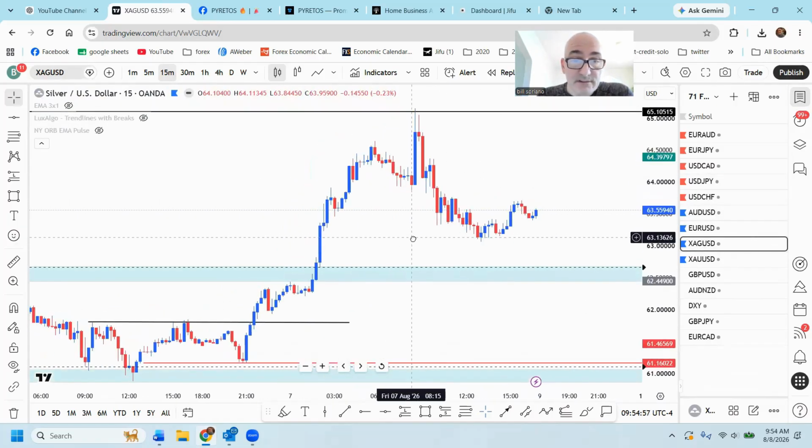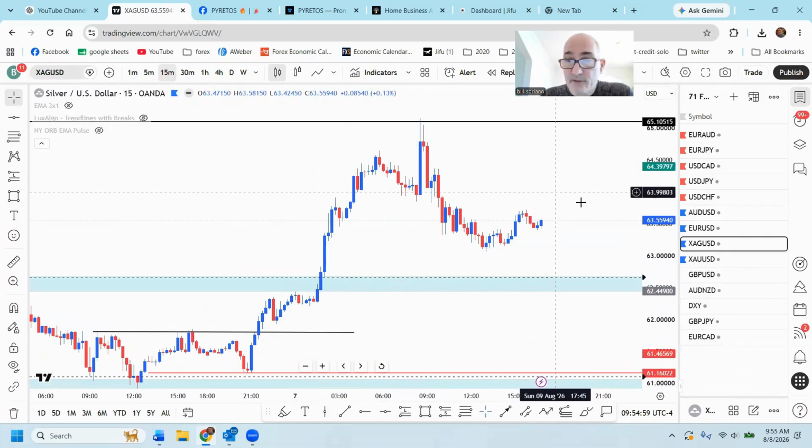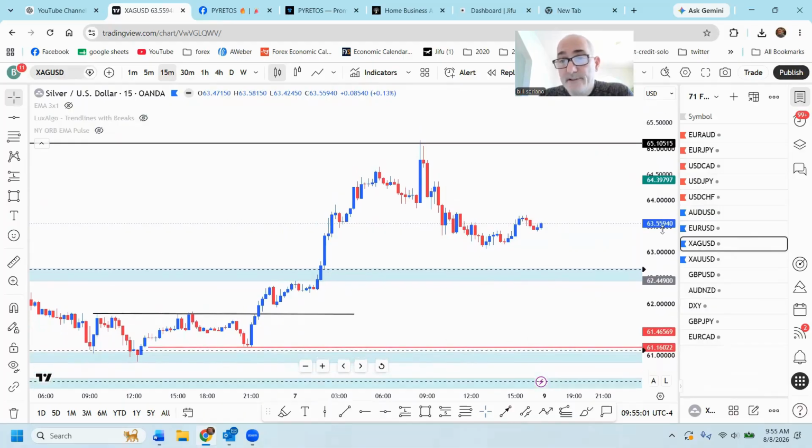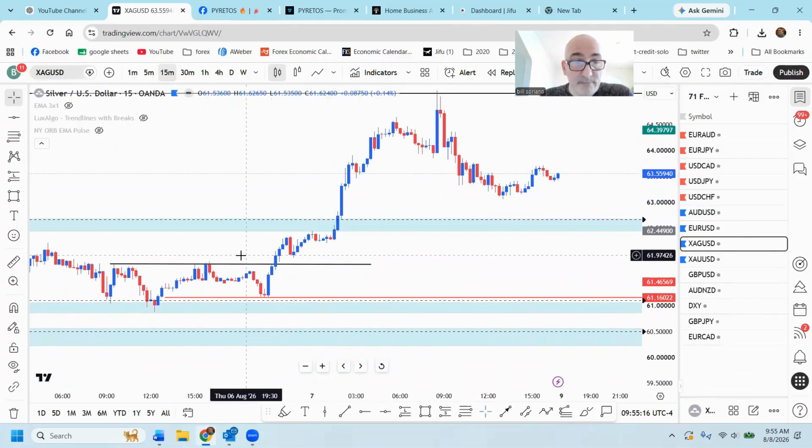This is silver. Silver made a beautiful move up as well. And our educator Jay called this out on his live session. He sent out the chart markups for this, and he showed everybody this area right here. I'll show you the markups in a second.